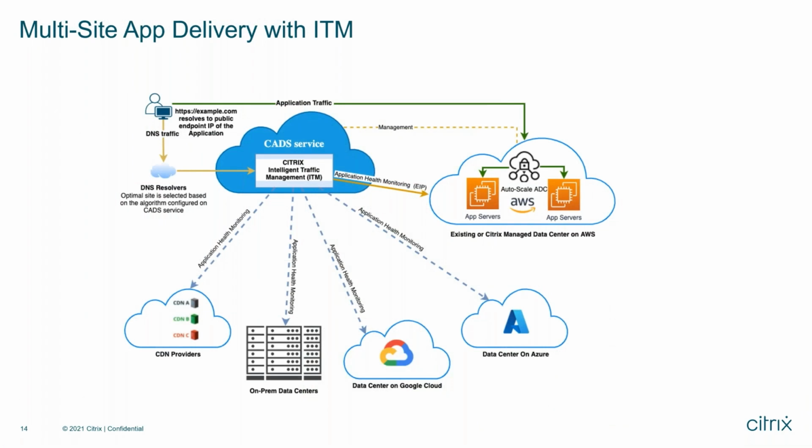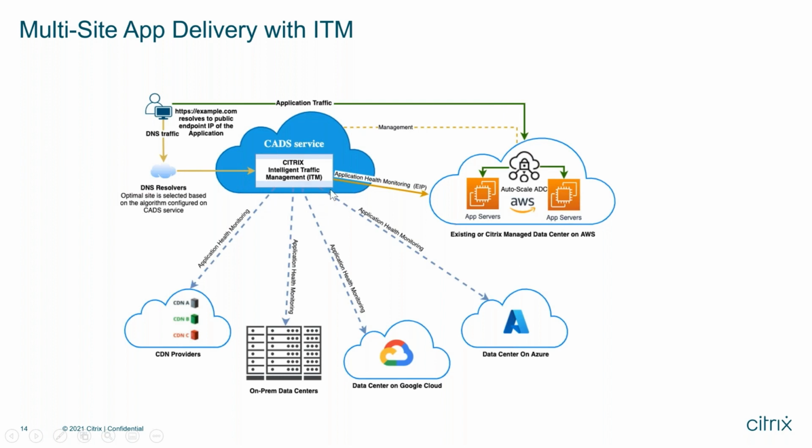Till now, whatever I have talked about is the normal, standard app delivery and security. Now, if you want multi-site app delivery or GSLB kind of deployments, wherein you have hybrid multi-cloud environments and you want to make sure your global app users have a better end-user experience, we have intelligent traffic management within the ADS service.